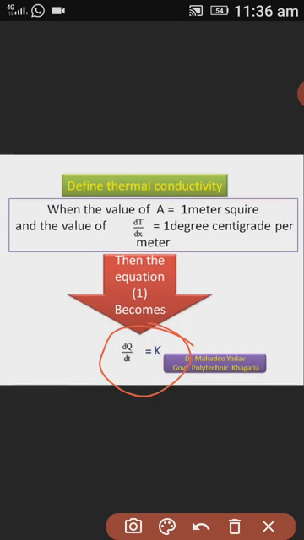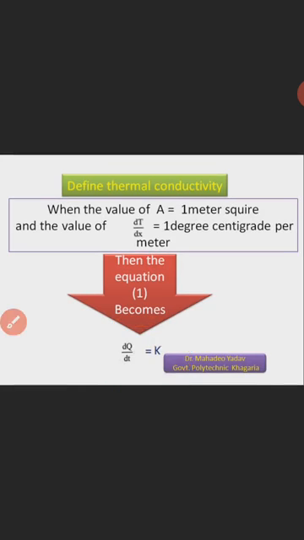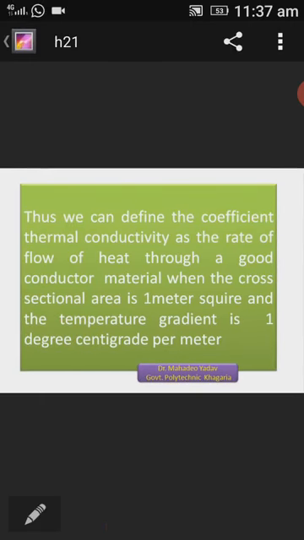Then how we can define it in literature? The mathematical definition is that k is nothing but dq by dt, I mean the rate of flow of heat. In what condition is the rate of flow of heat called thermal conductivity?